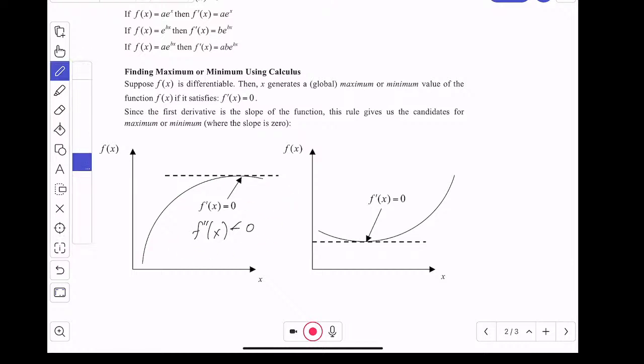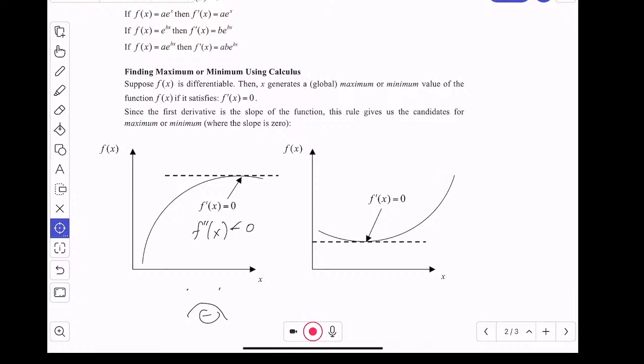The second derivative is negative for a maximum, and the way you always remember that is a negative, unhappy face gives you an optimum.